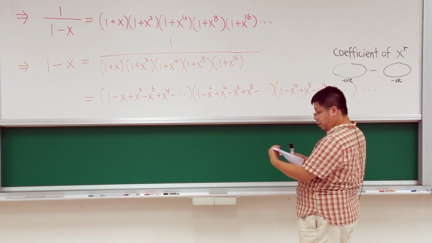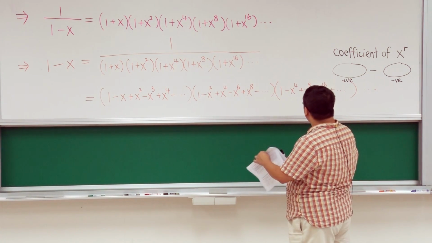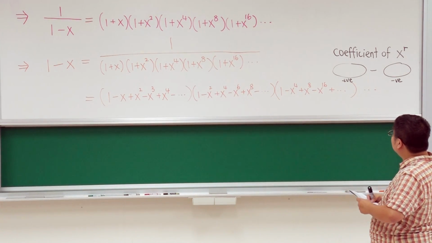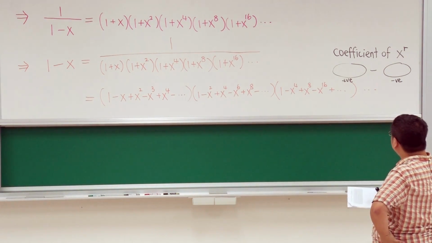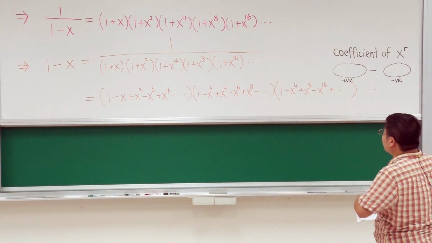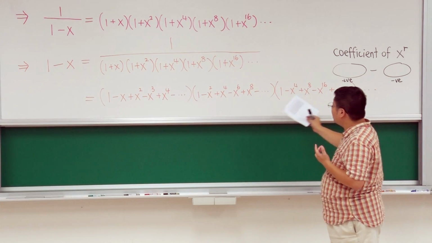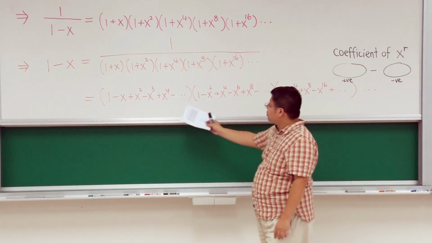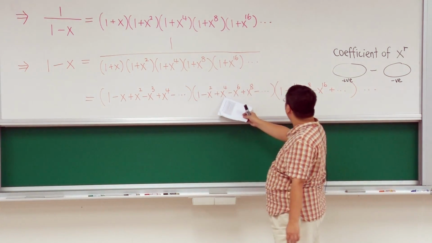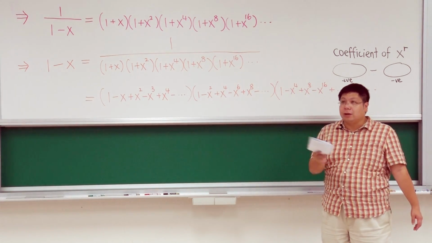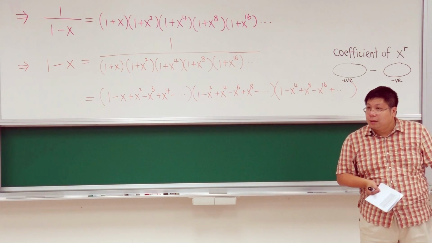Yes, 2, 4, 6, 8. Yes, how do I? Then the next one is, and then I also have this one. I also have 1, 4, 1. Am I correct? 1, 4, 1. And I also got a positive 1.